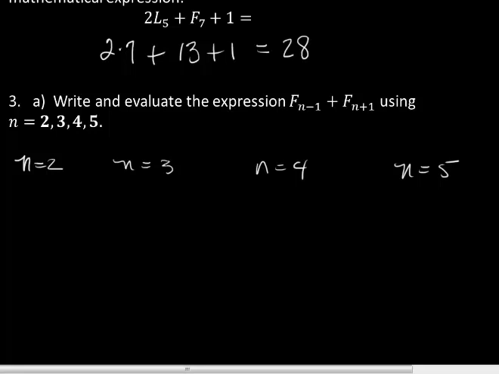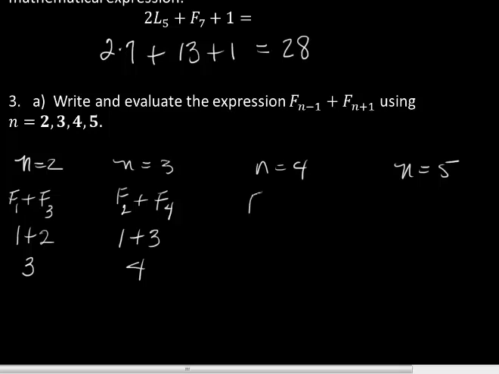If n is 2, I am computing F1 plus F3, which is 1 plus 2, which is 3. Use your table given. When n is 3, I'm computing F2 plus F4. The second Fibonacci is 1, the fourth is 3, so it's 1 plus 3, or 4.